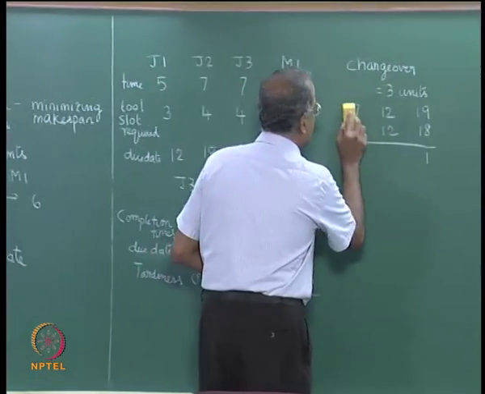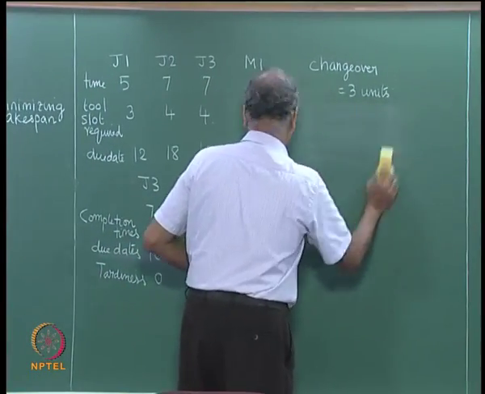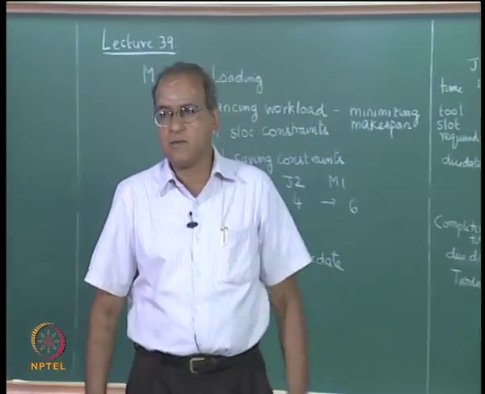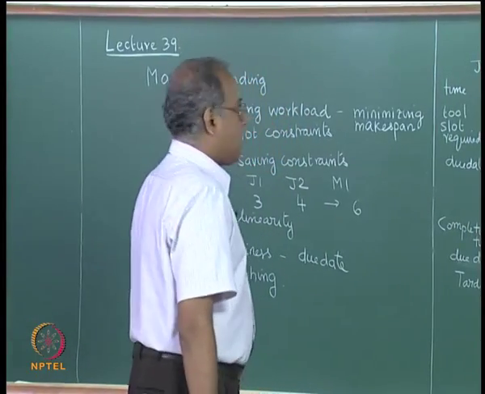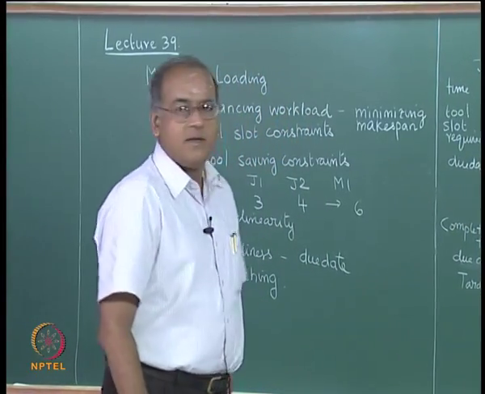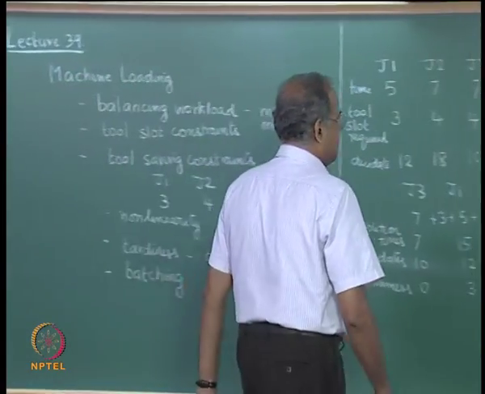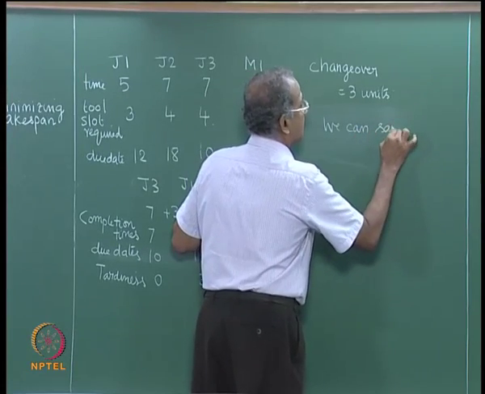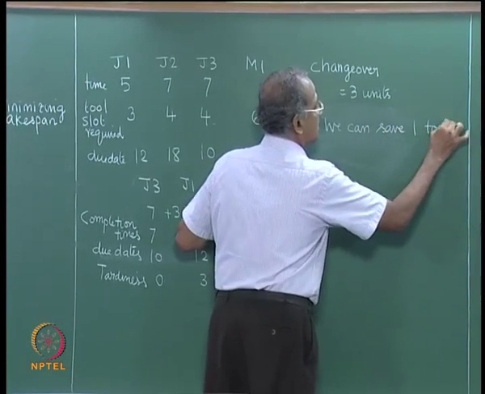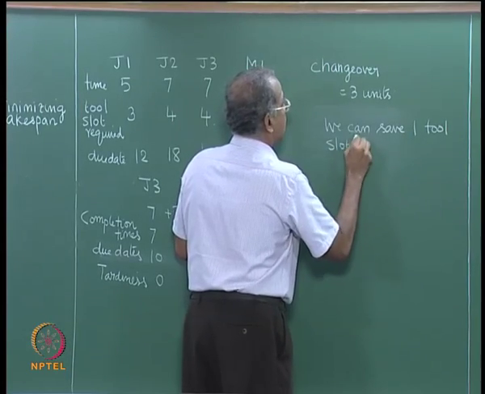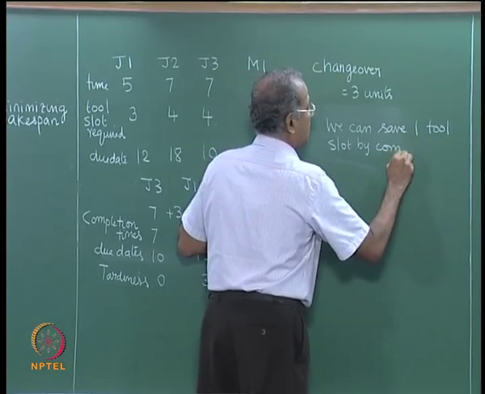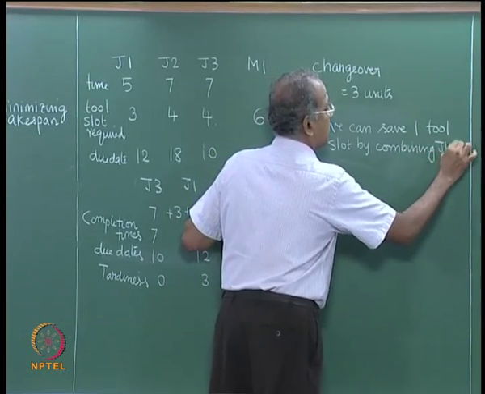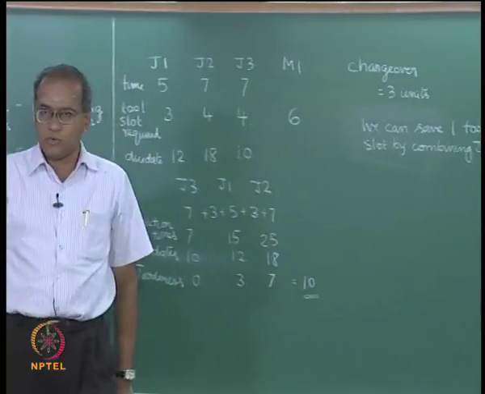Now, if we consider tool slot saving, and if we say that jobs 1 and 2 are combined, we can save 1 tool slot by combining J1 and J2.